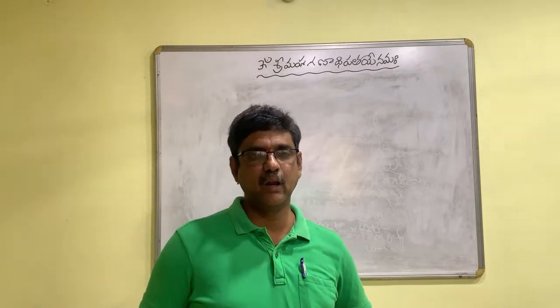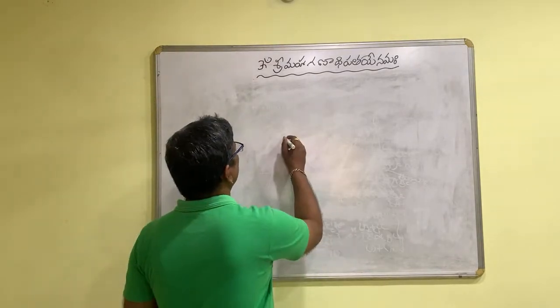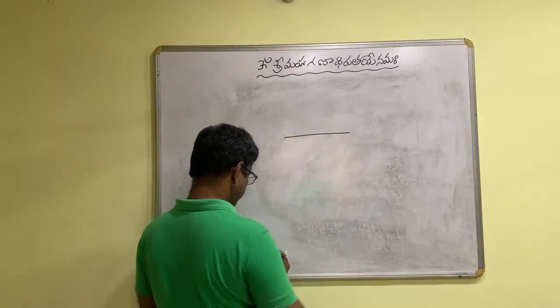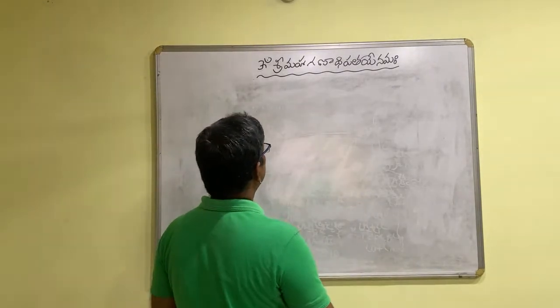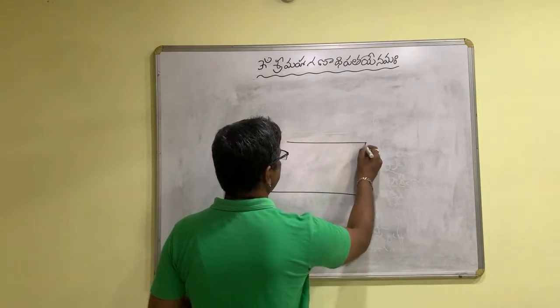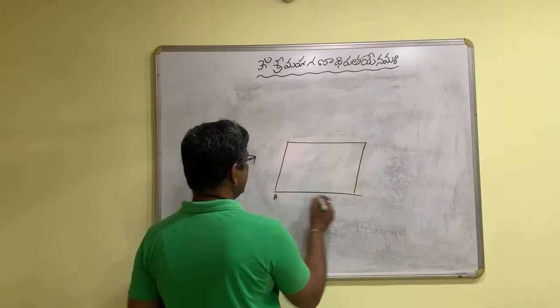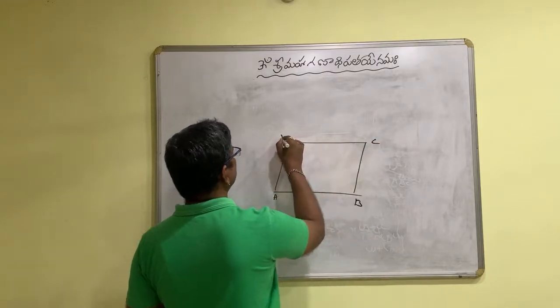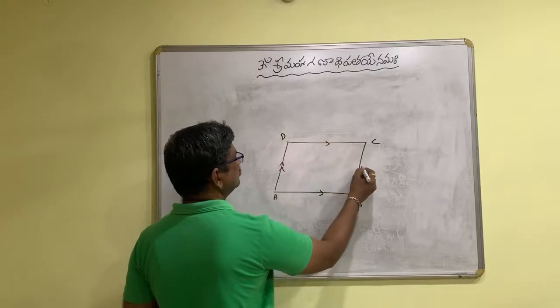properties of parallelogram. So I told you that a parallelogram ABCD is a parallelogram in which opposite sides are parallel.